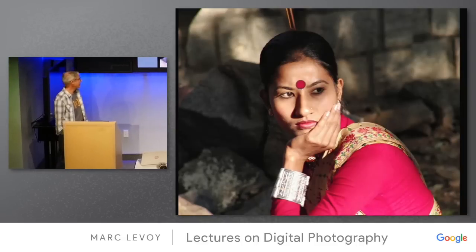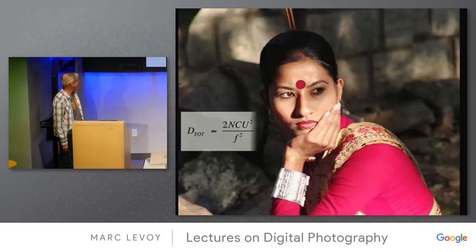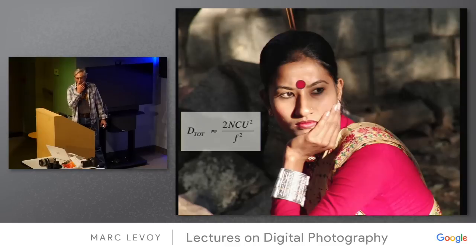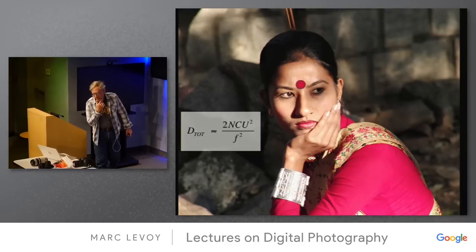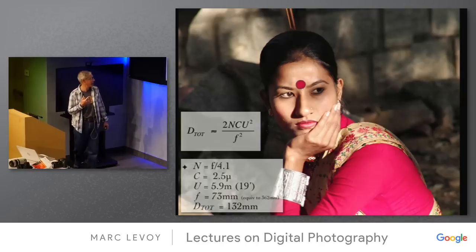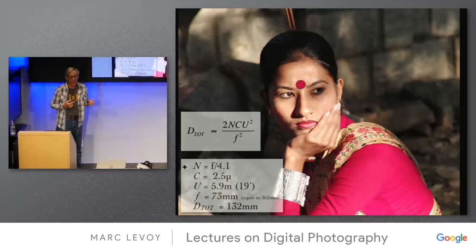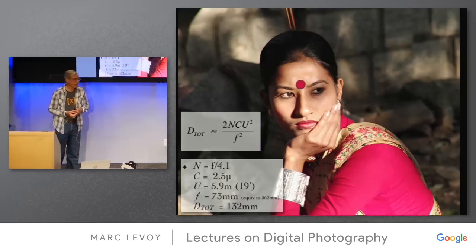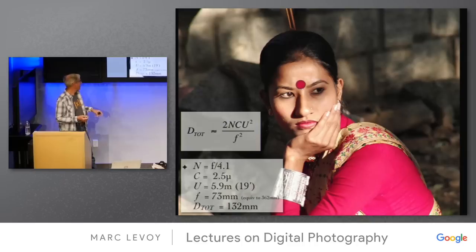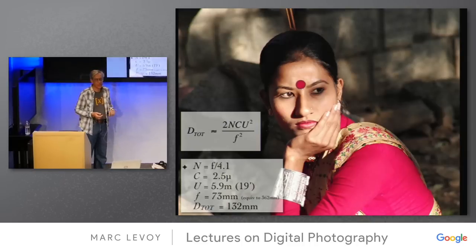So here's a picture I took in India, and there's the formula. That's an EXF1. It's an old camera. I don't have that camera with me. But it was f4.1. It had 2.5 micron pixels. The distance to her was 19 feet. And I was using a 73 millimeter lens.